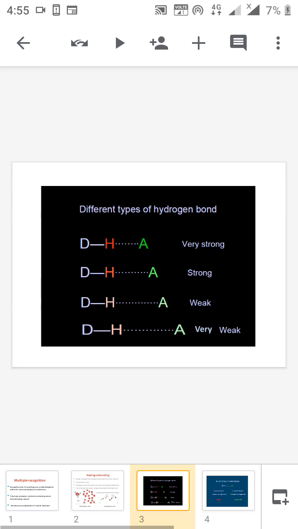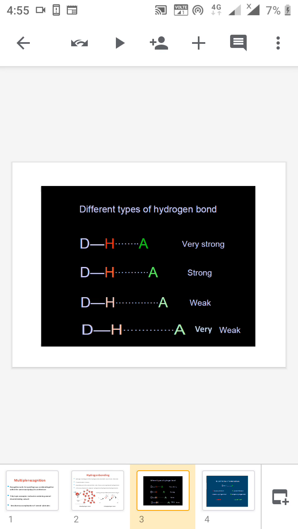So in the very strong hydrogen bonding, the bond between the hydrogen and A is very strong, so the bond length is very low. As we move into the strong, the bond length increases.